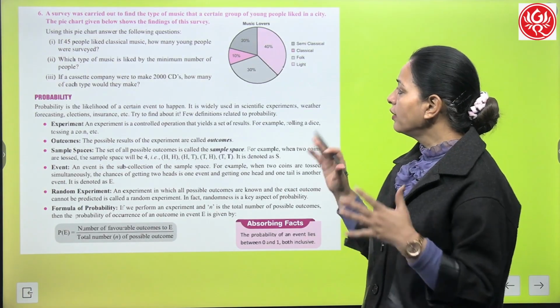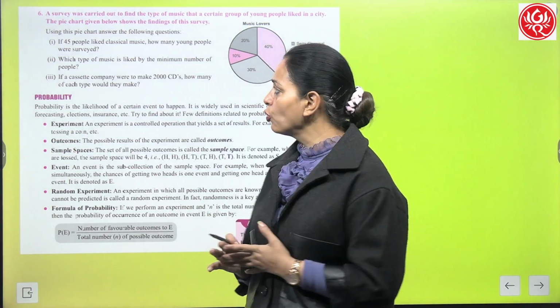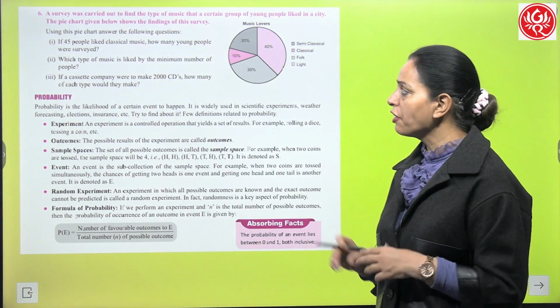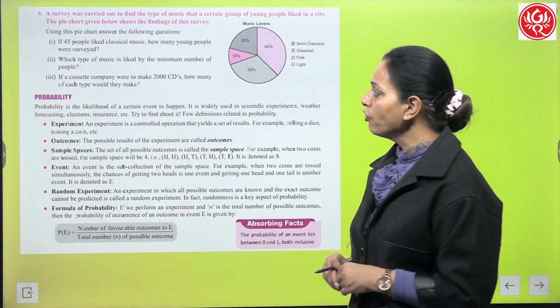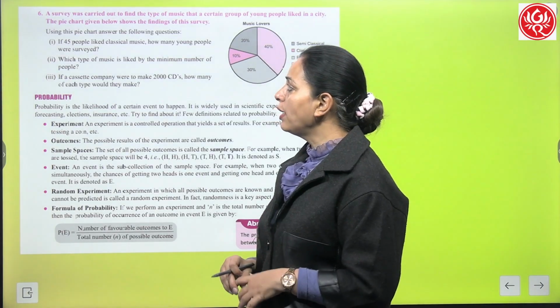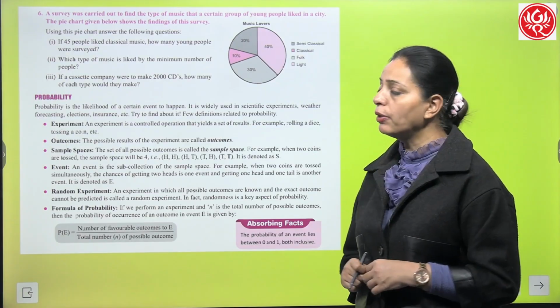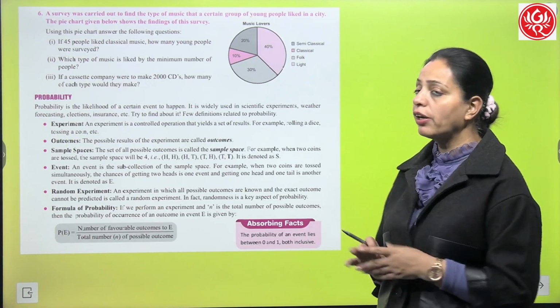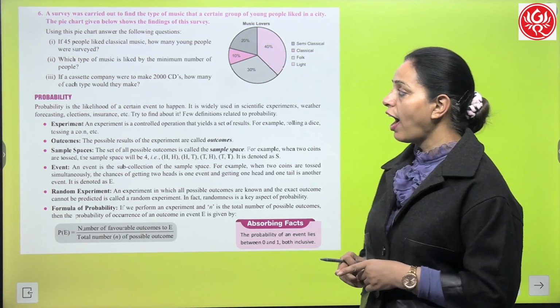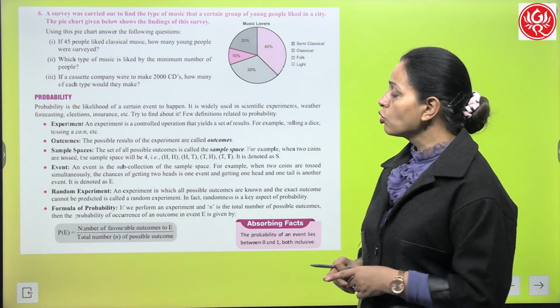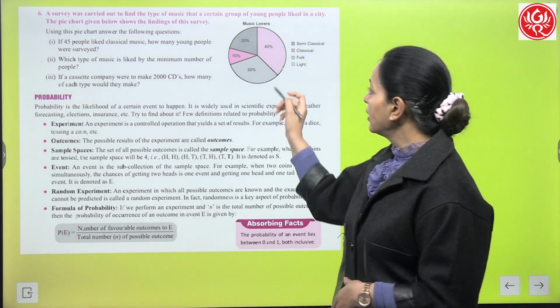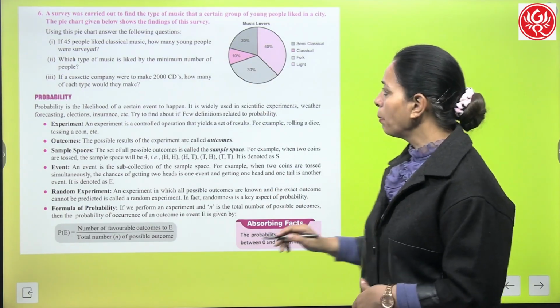So here it is given different types of music. So using this pie chart, answer these questions. The first one, if 45 people liked classical music, then how many young people were surveyed? Means total number of people we have to find out. So here classical music, 10%.